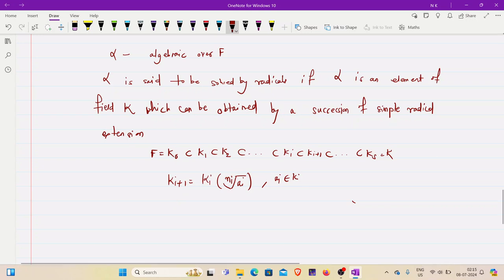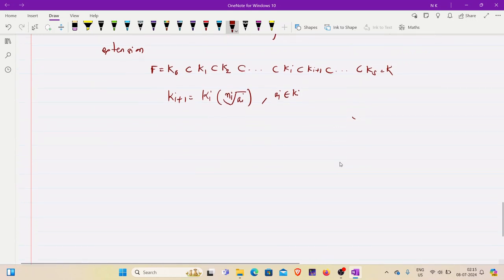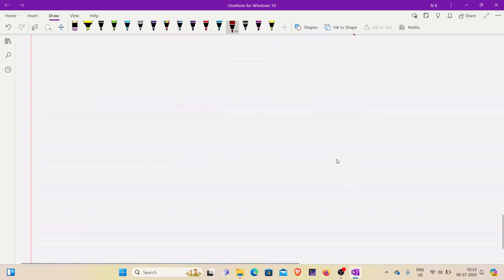Now how is this related to polynomials? Basically a polynomial is said to be solved by radicals if each of its roots can be solved by radicals. Okay, so the idea is quite simple.